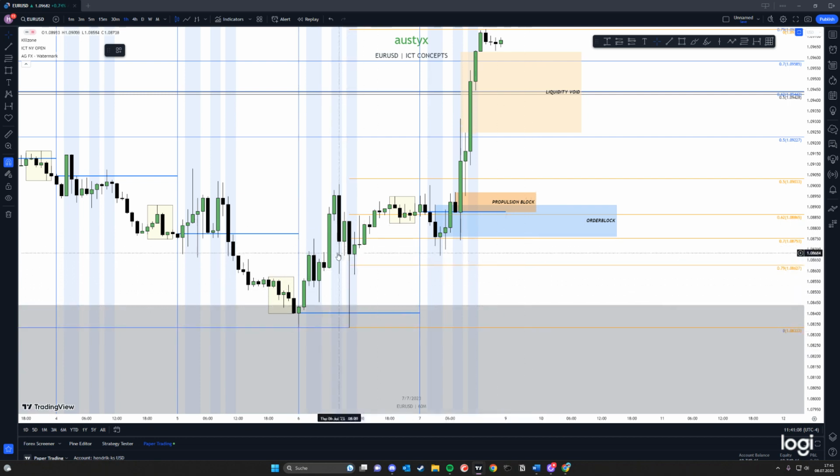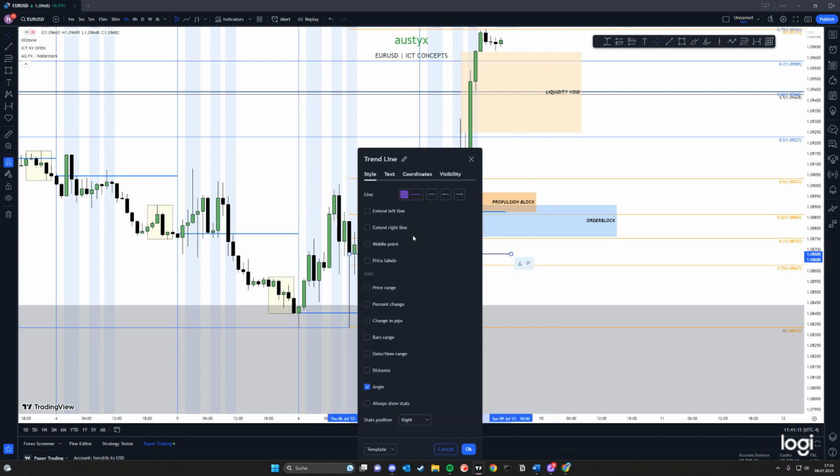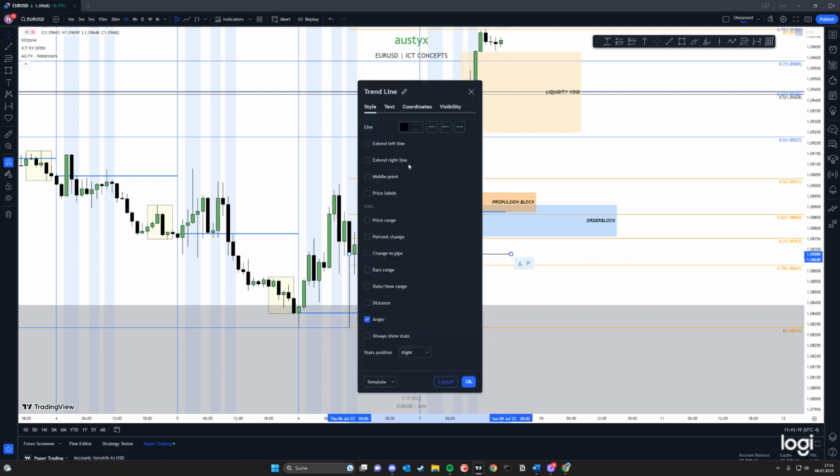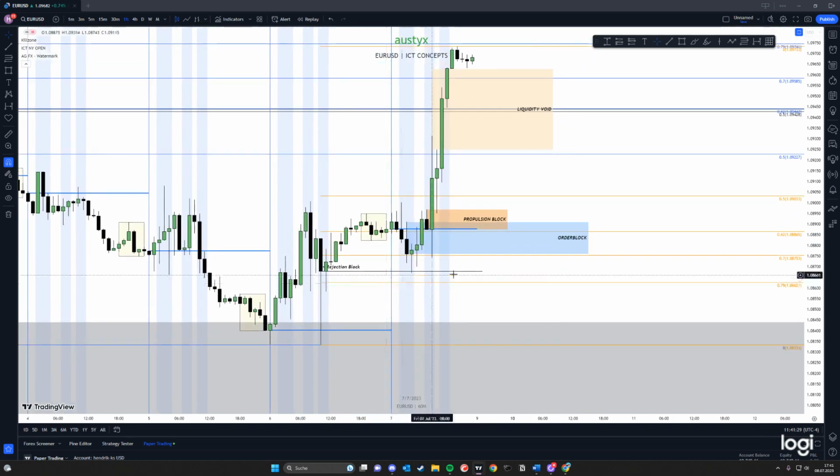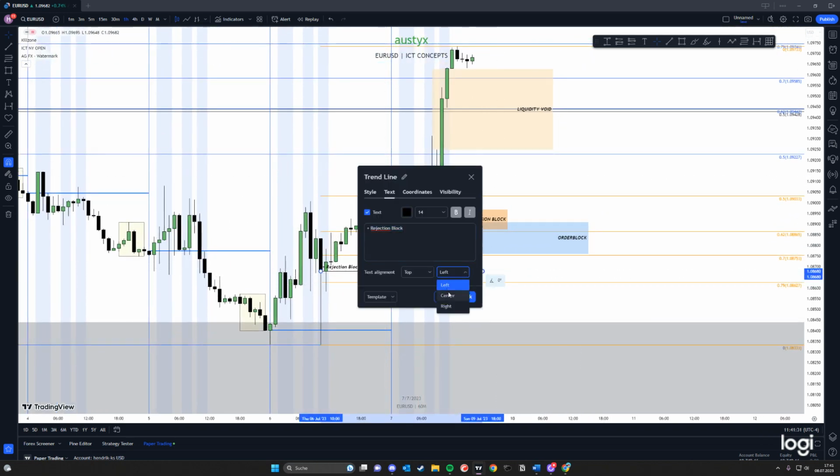We've rejected this once before, so I'm just going to delineate that so you can see. Just like this, on the right side.